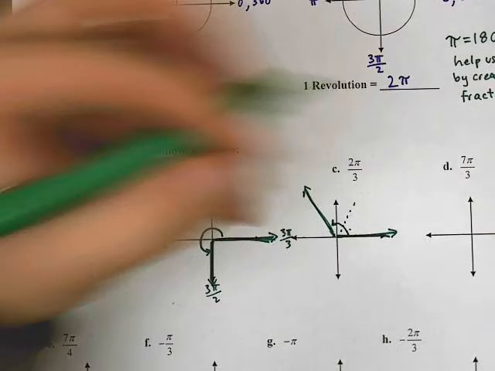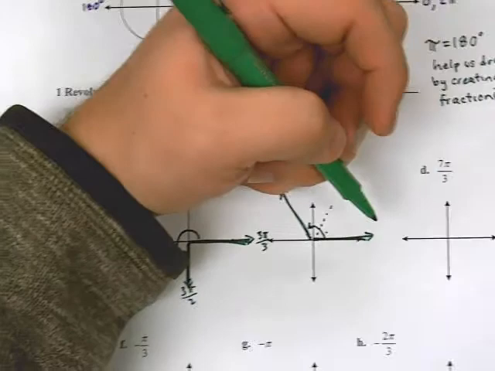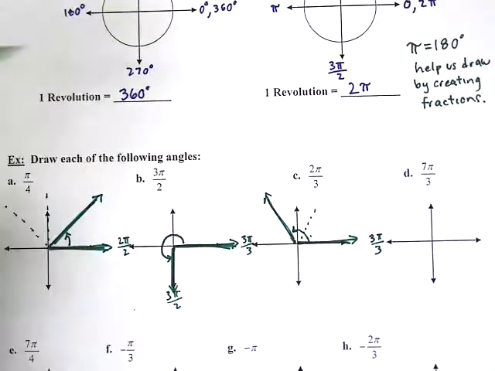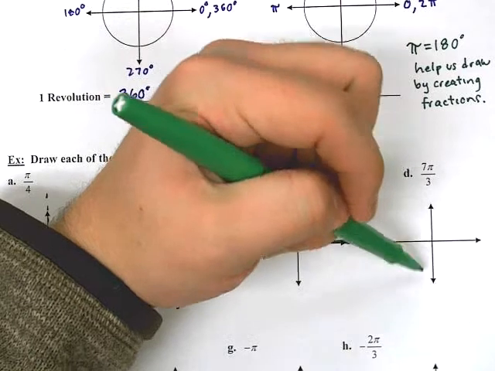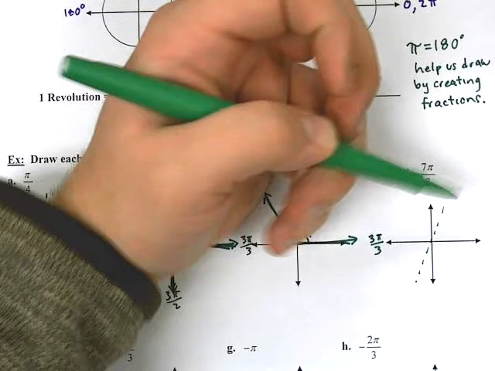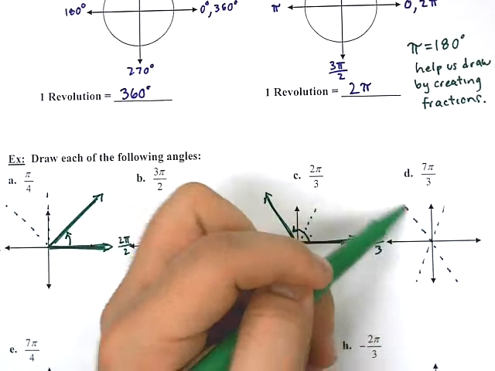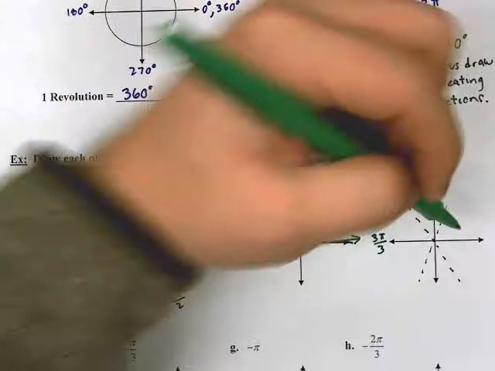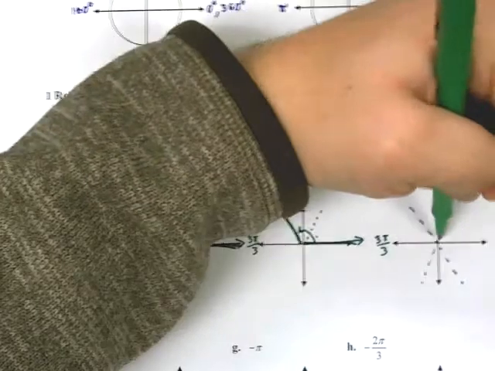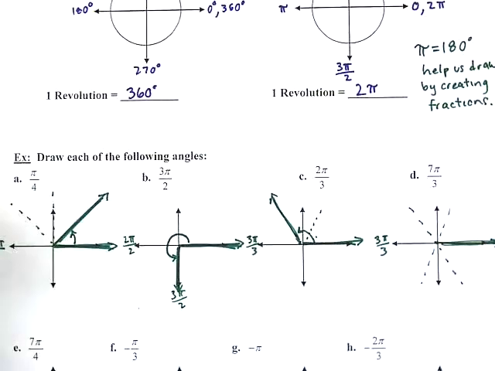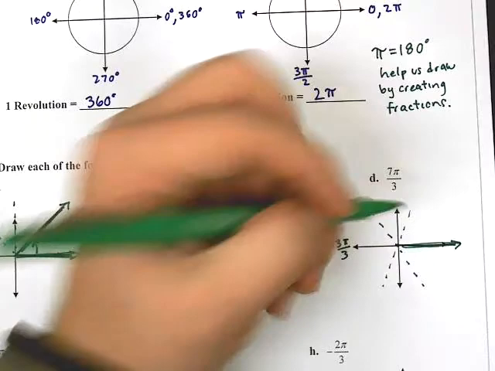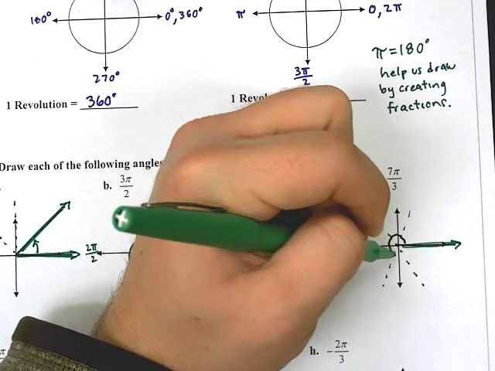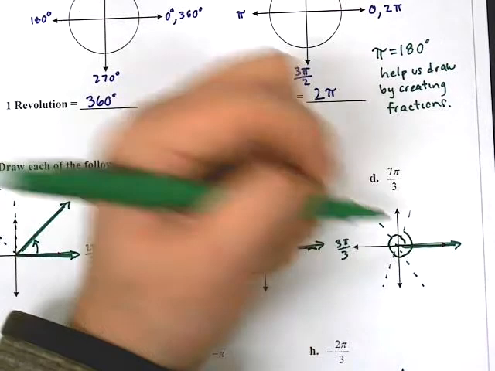All right, if we keep going, again, thirds. Again, we're in thirds. So here's 3 pi over 3. I'm going to split everything into thirds. Again, not the best, but it'll do. All right, 7 thirds. That means I need to go, oops, sorry, here's my initial. I need to go 1, 2, 3, 4, 5, 6, 7.